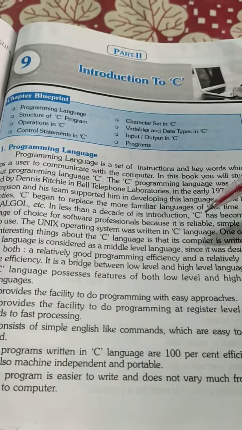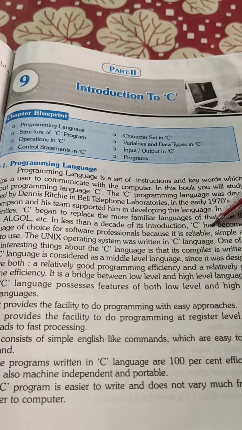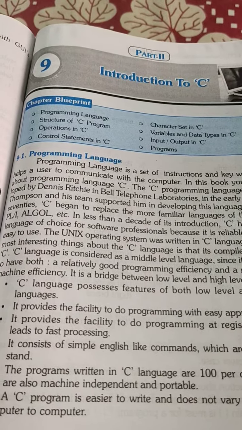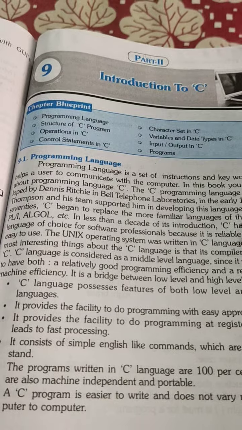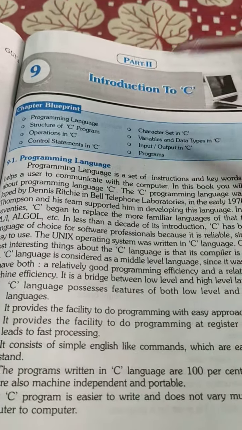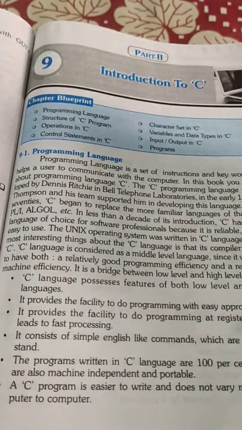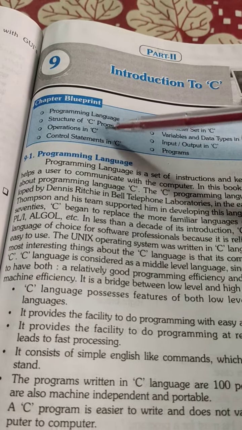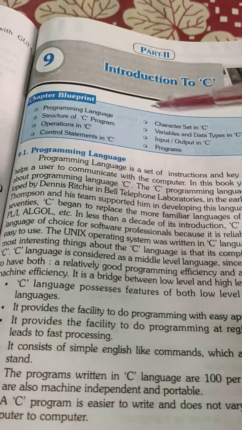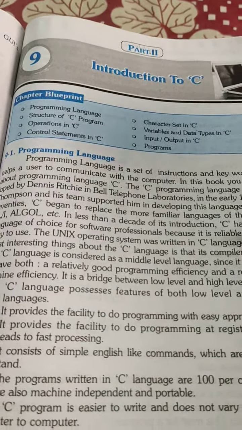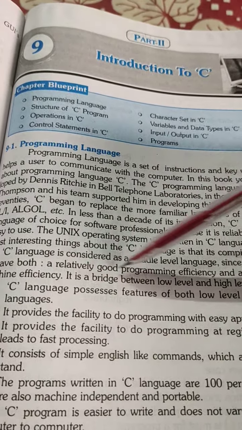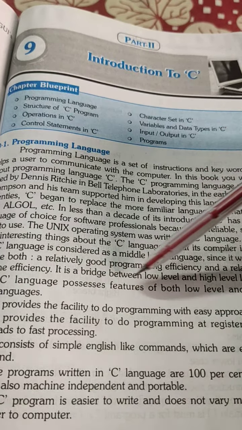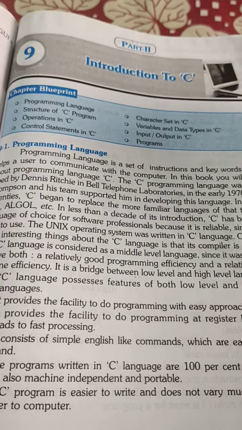It is clearly written that the C language is very simple, reliable and very easy to use. C language is easy to use, but there are certain rules and regulations that we have to follow, and it is a very easy language to understand. Here it is written, C language features both low level as well as high level.